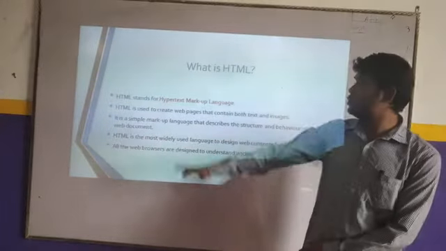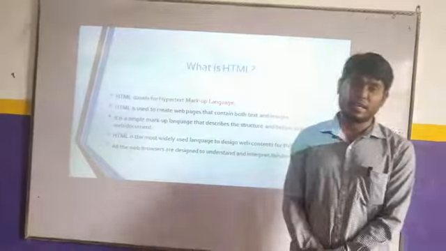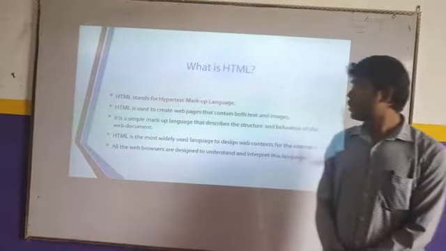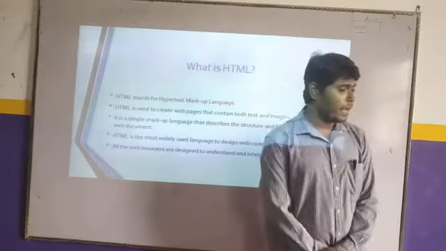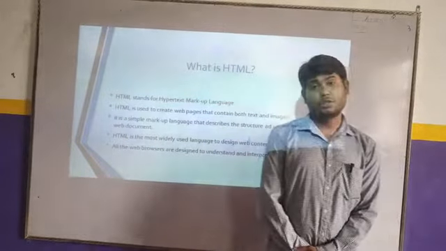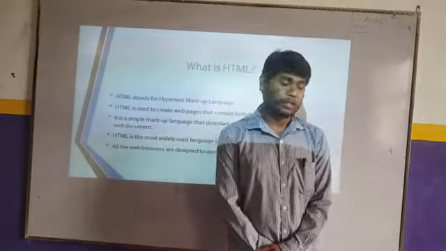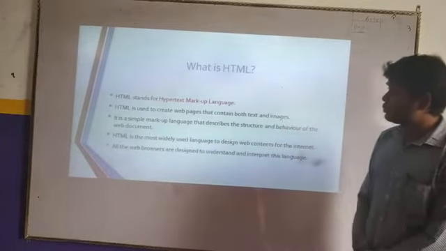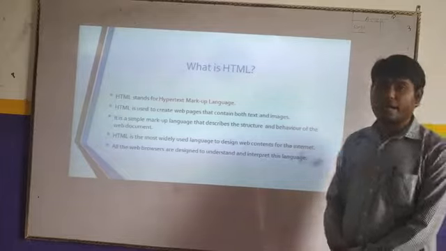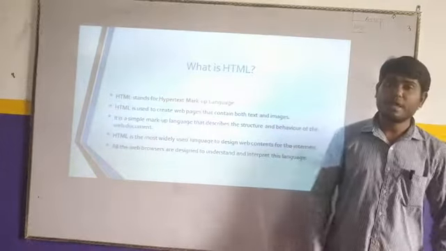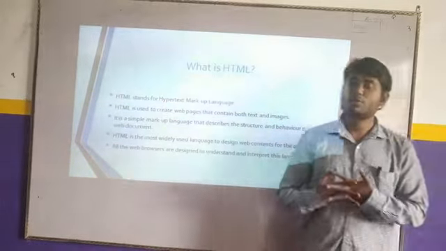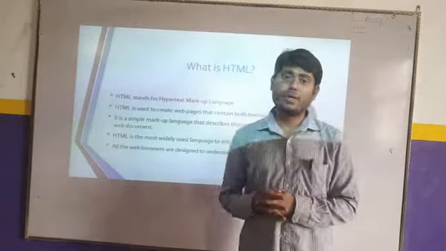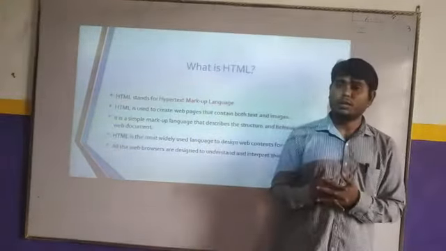So HTML is used to create web pages that contain both images and text. It is a simple markup language that describes the structure and behavior of the web page, meaning the web document. HTML is the most widely used language to design web content for the internet. So through HTML we can design the web pages and the content that we can find in the web browser.